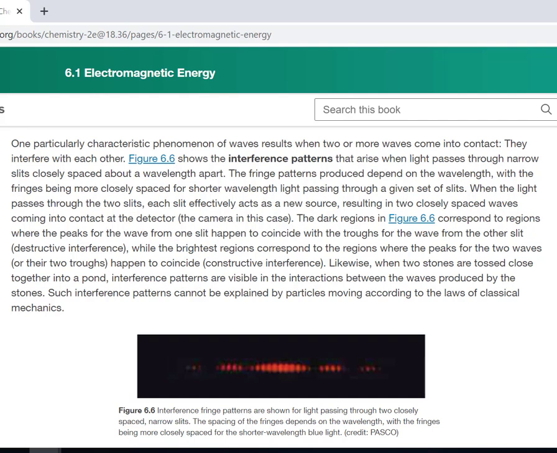One of those is something called an interference pattern. So an interference pattern is when waves overlap each other. They can do it in two ways. They can add together and make a bigger wave, or they can cancel each other out.